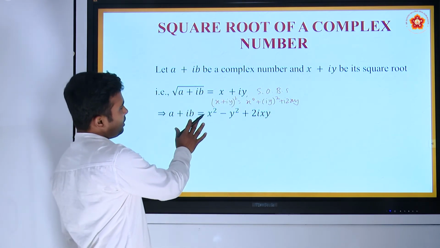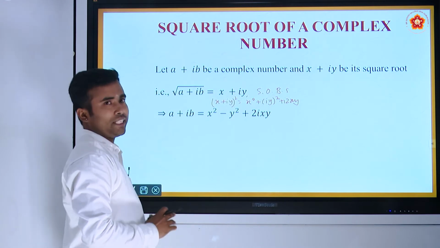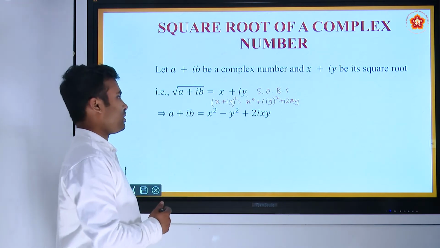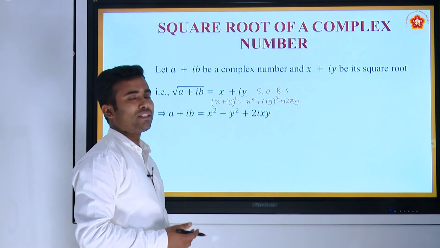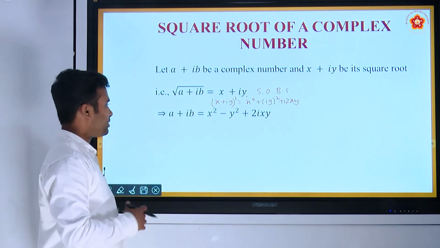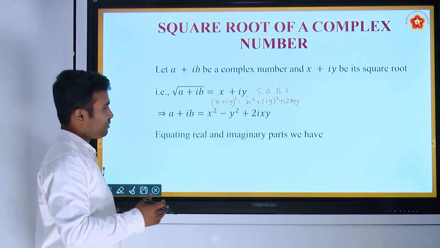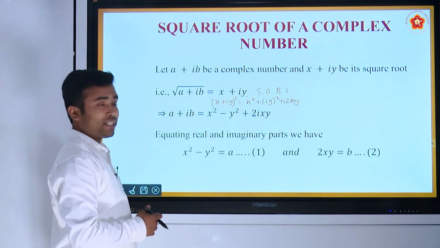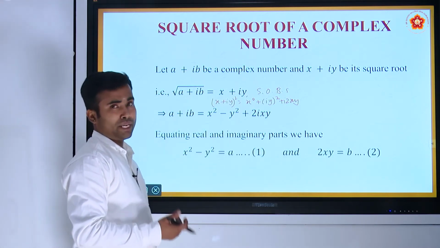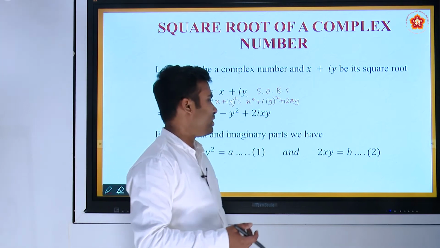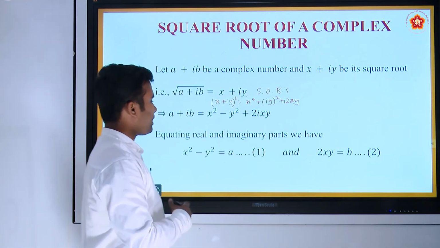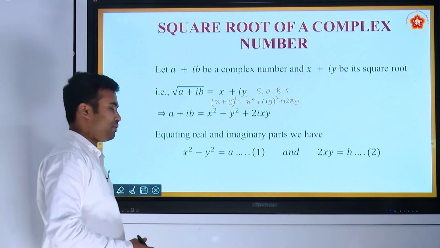Here you can see the equality of two complex numbers. We can equate real part to real part and imaginary part to imaginary part on either side of the equation. So you will get x square minus y square is equal to a, and 2xy is equal to b. I will call it equation 2 and this is equation 1.